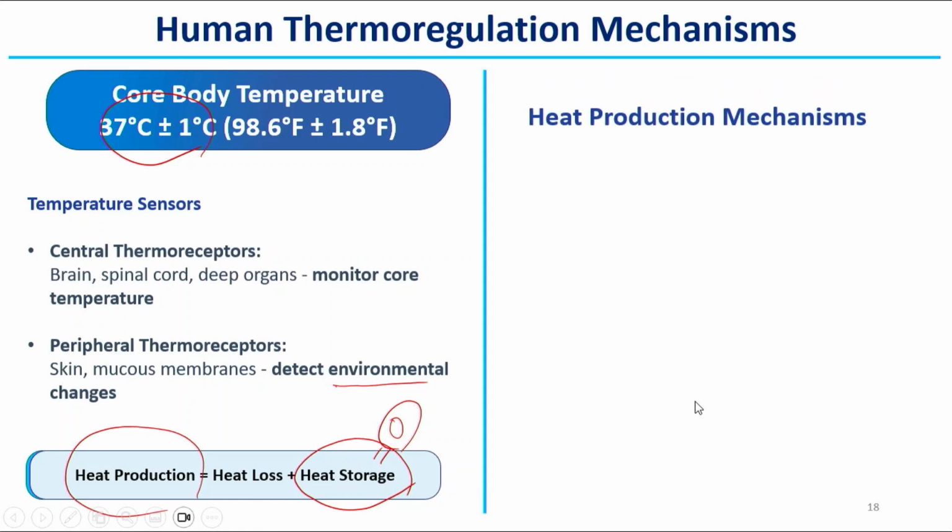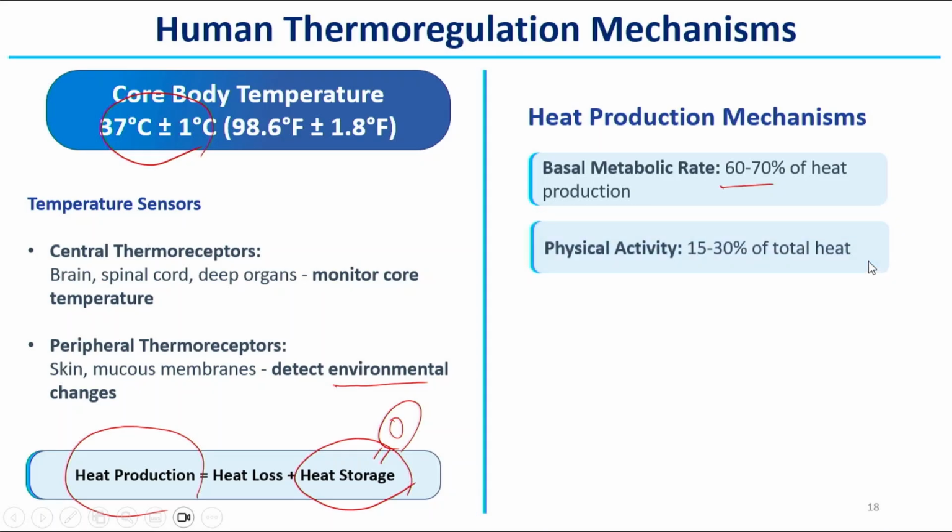In the thermoregulation mechanism of the human body, heat production is mainly metabolic heat. Basal metabolic rate generates 60 to 70% of the heat production. Then physical activity, if we do physical activity in extreme cold conditions, produces 15 to 30% of the total heat.